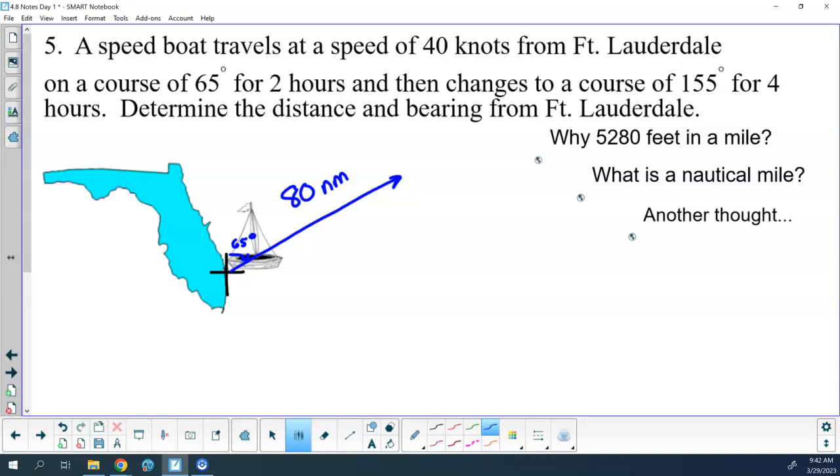Then it changes course. So now I'm going to put another crosshair there, and it changes course to 155 degrees. Okay, well, 155 degrees would be down this way, where this angle right here is 155 degrees.